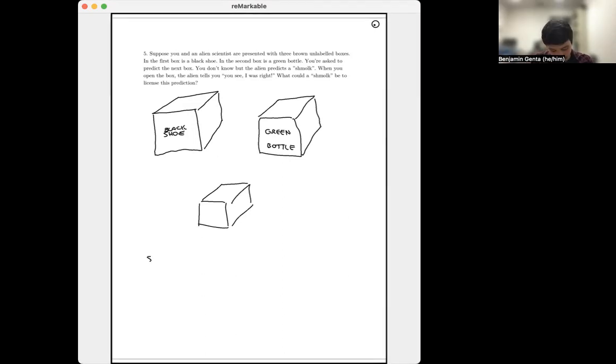And so you can define a schmalk to be, right, actually either a black shoe or, right, so it's a disjunctive definition like the GRU example that I gave you in class, a black shoe or a green bottle, or, and the third or can be anything else, right? So whatever you pull out or the alien pulls out, you could put that in it.